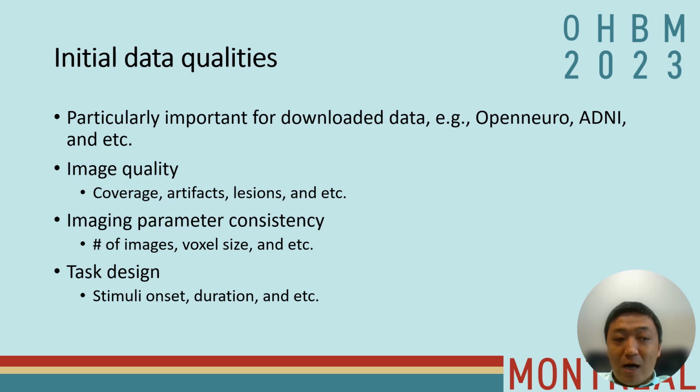It actually happens quite often that imaging parameters, such as number of images, voxel size, TR, and so on, may vary greatly across different individuals. And for task fMRI, you also need to check whether the task designs are consistent across individuals. For example, the stimulus onset or the durations of blocks may vary across different subjects.